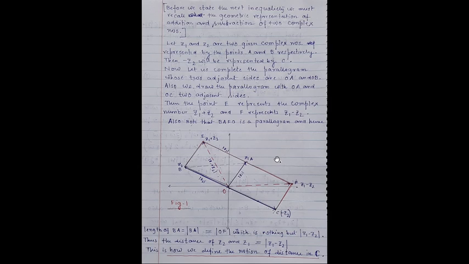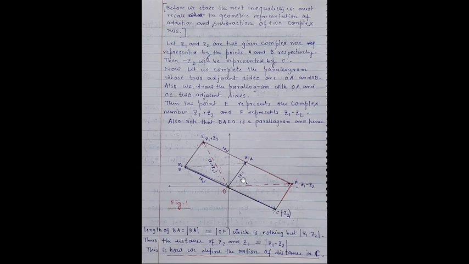All right, now let's come to this picture. Here, look at this triangle OAE. Here we have already noted that OE is the modulus of Z1 plus Z2, surely, because E is the point Z1 plus Z2.